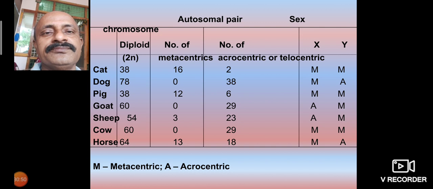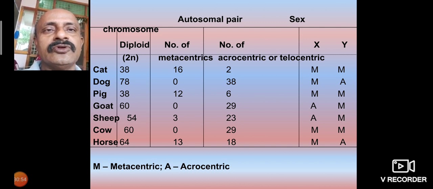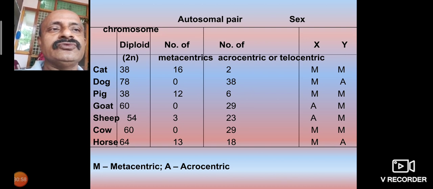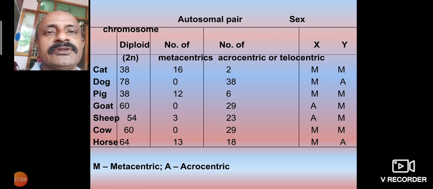In the cat, the total is 38 chromosomes, metacentric 16, acrocentric 2, and the remainder telocentric. Then dog, 78, no metacentric chromosomes; all are acrocentric.